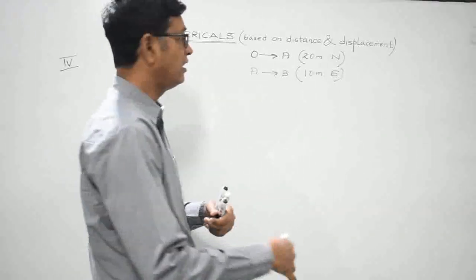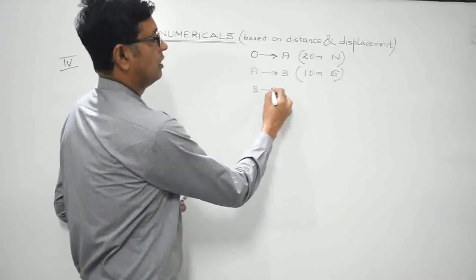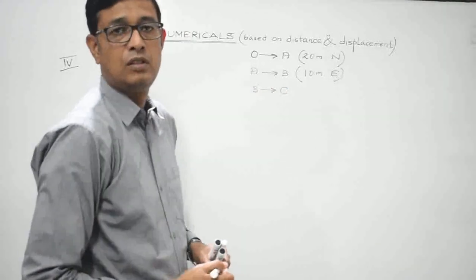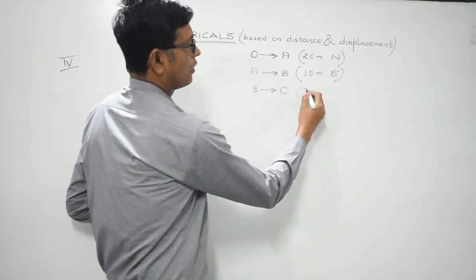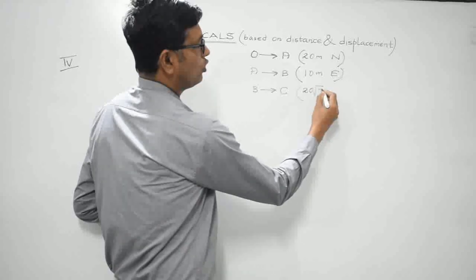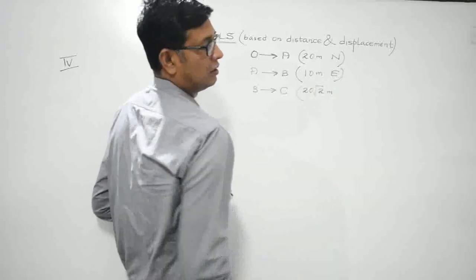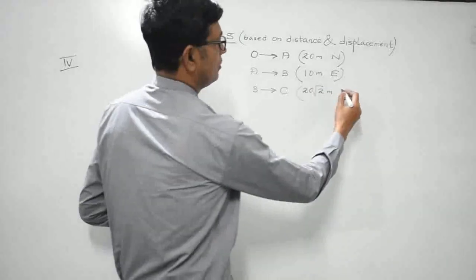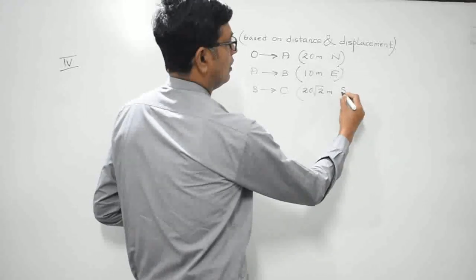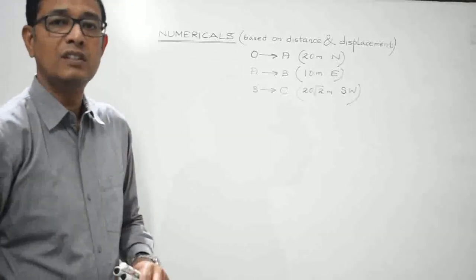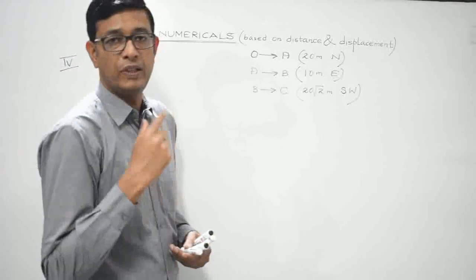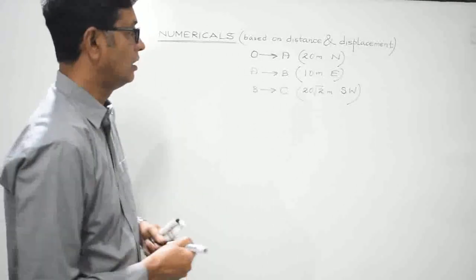And finally he again turns and moves a distance of 20 root 2 meter along southwest. What will be the distance and displacement of the person?